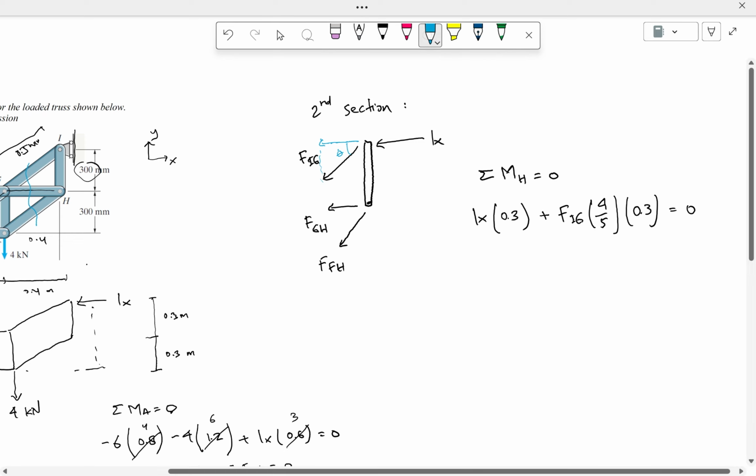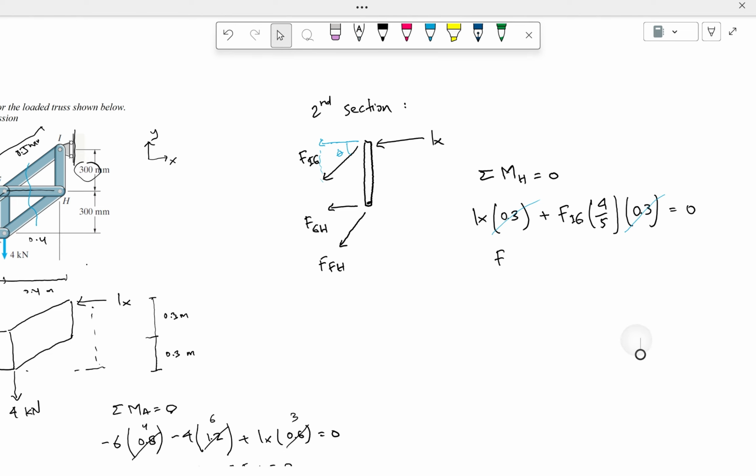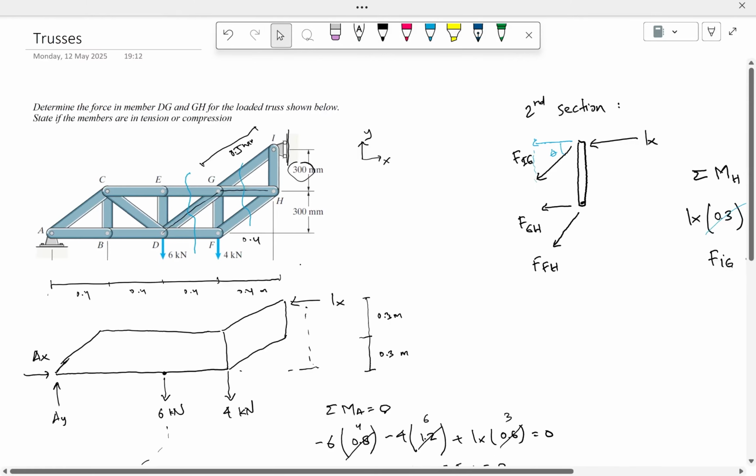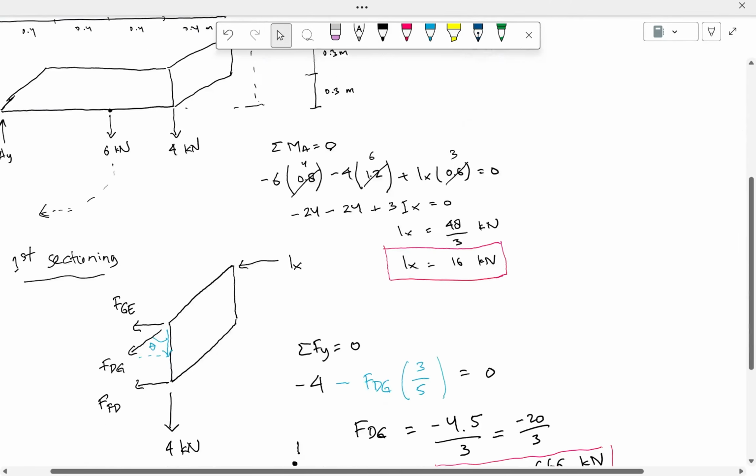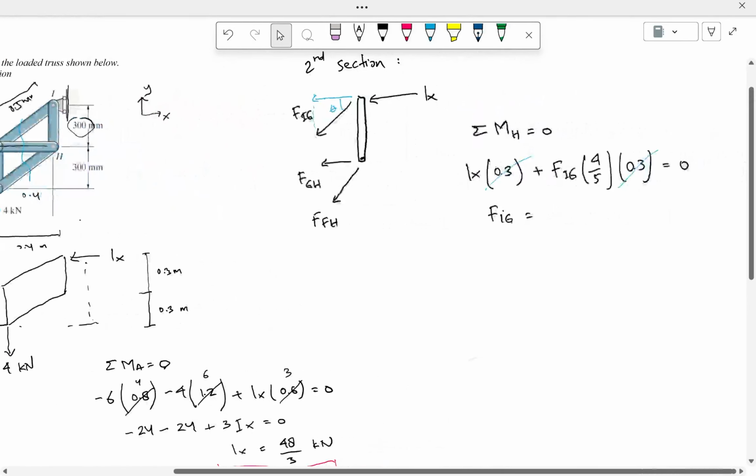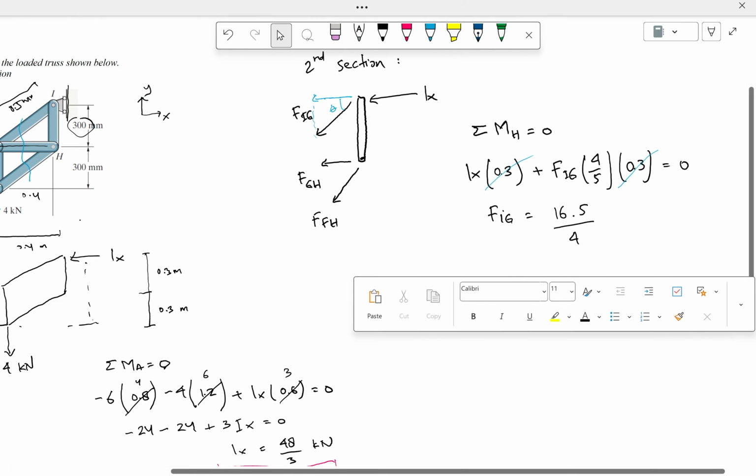So you can delete this, and then FIG equals Ix. How much is Ix before? I forgot. 16, which is 16 times 5 divided by 4.